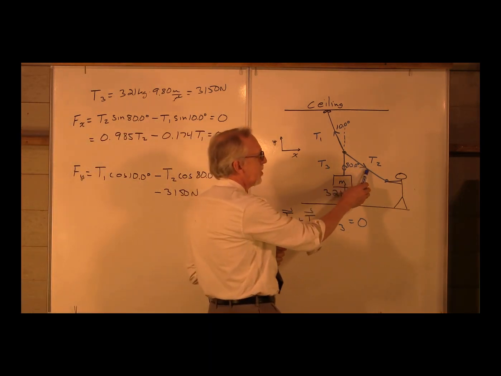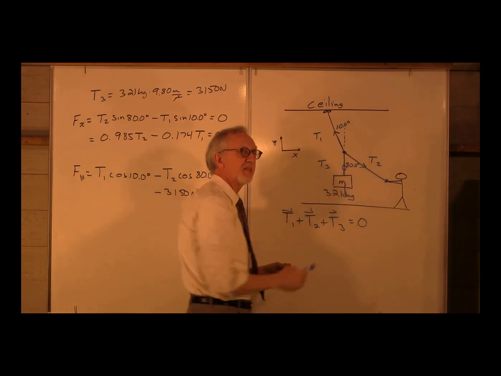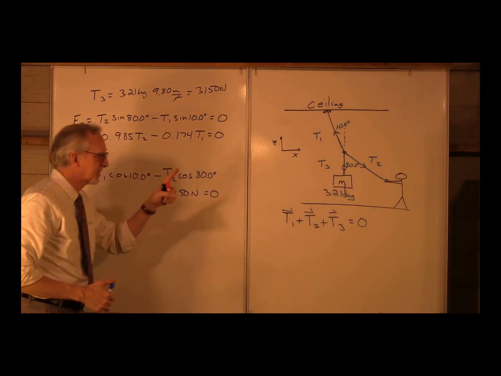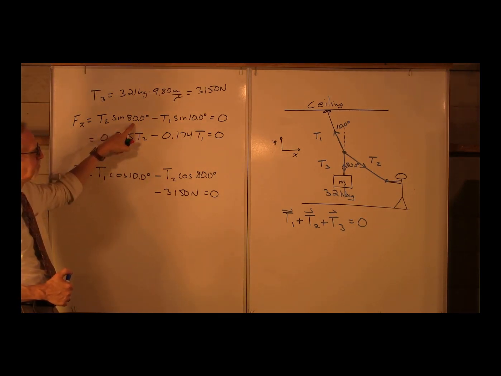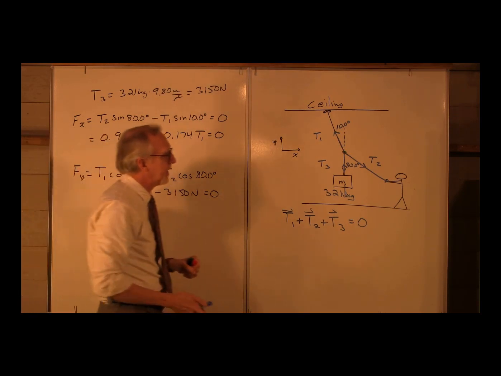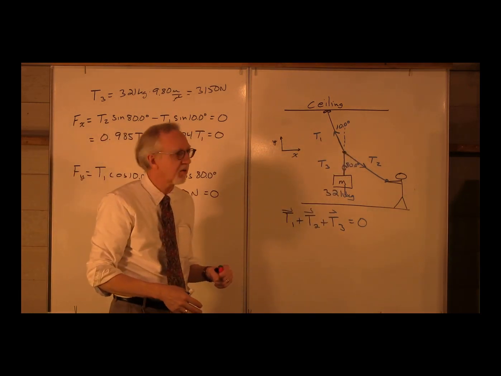Well, what's the x component of T2? The x component here, notice that's the side opposite that 80 degrees, so that's going to be T2 sine 80 degrees. The x component of T2 is T2 sine 80 degrees. What about the x component of T3? Well, T3 is exactly in the y direction, so the x component is 0.